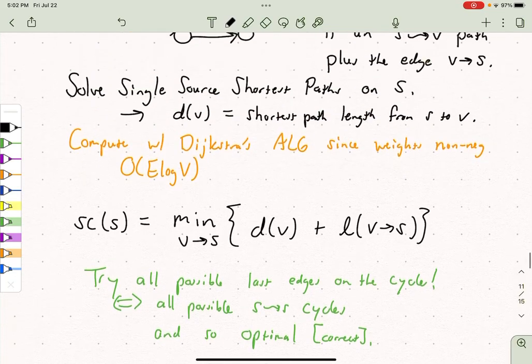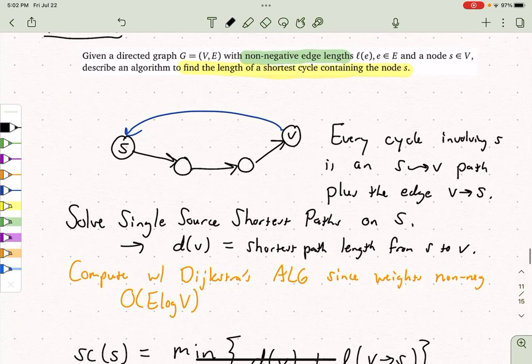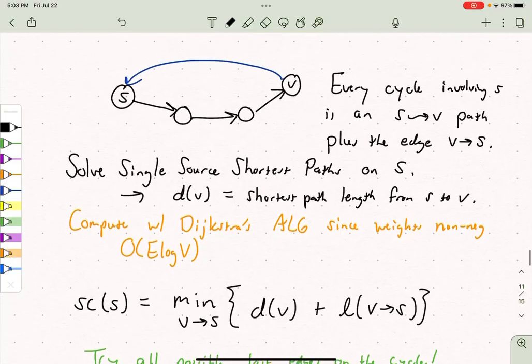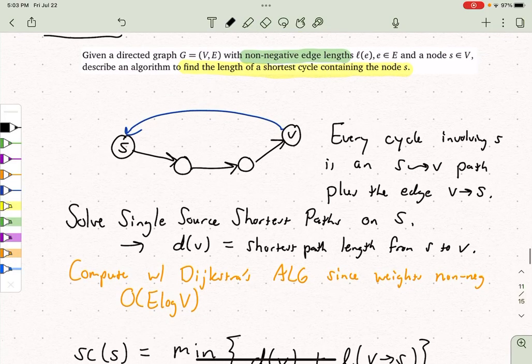So basically, what we did is we modified Dijkstra's algorithm to actually solve the cycle problem instead of just the shortest path problem. Which makes sense because cycles and paths aren't that different.